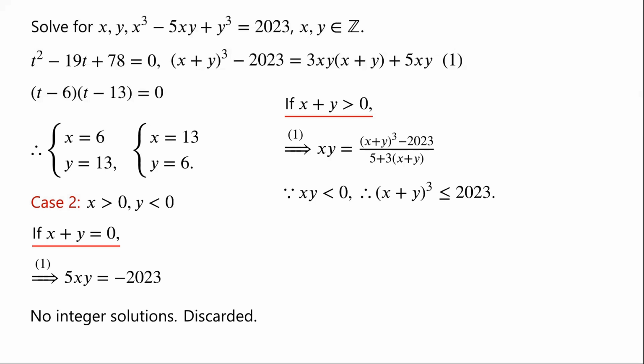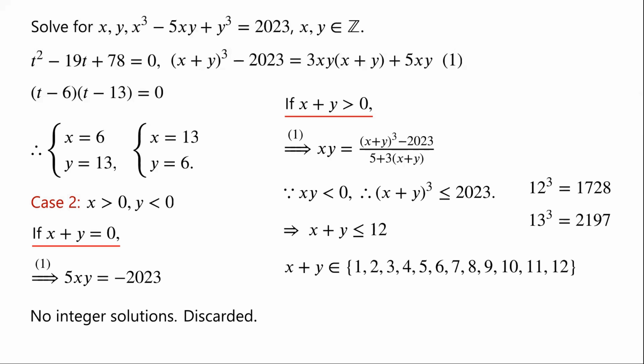We have already known that 12 cubed is 1728, and 13 cubed is 2197. So x plus y must be less than or equal to 12. Also, as x plus y is greater than 0, x plus y can take values 1, 2, until 12. Substitute each of these values in equation 1, we find that there are no integer solutions for x times y.